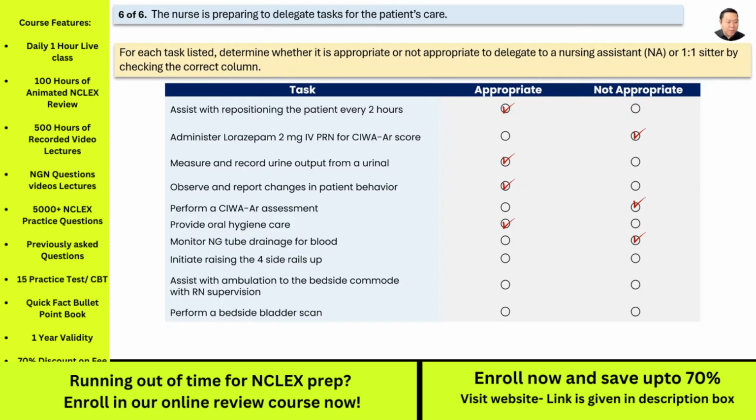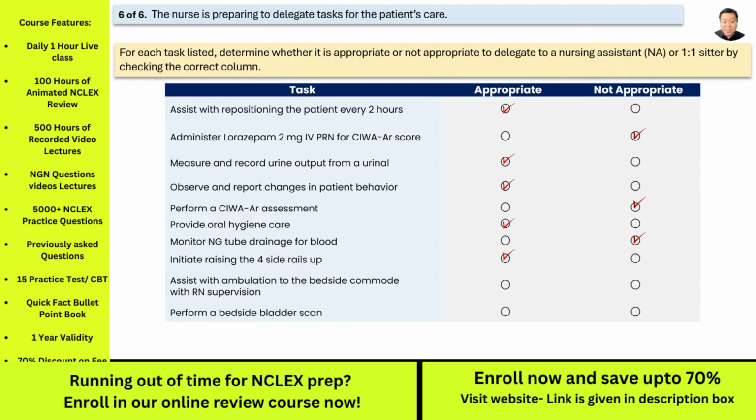Moving on to the next one, initiate raising the 4 side rails up. I want you to be careful. The answer here is not appropriate, because this is already considered as a form of restraint in many healthcare settings and must be used with caution. So the decision to use the full side rails requires nursing assessment, and in some cases it will require a provider's order.